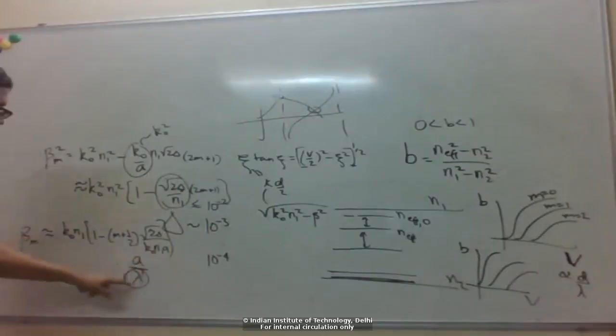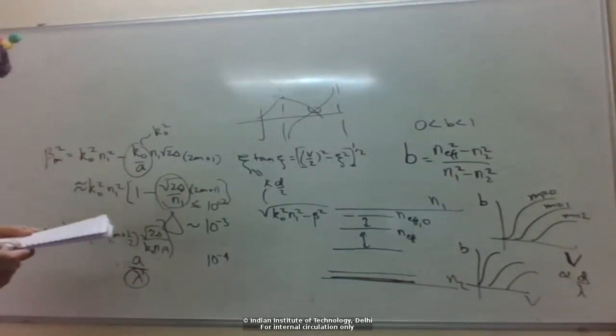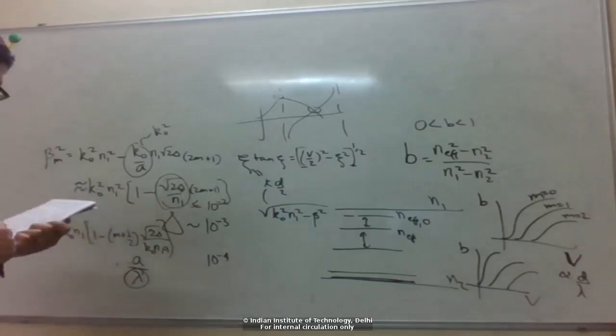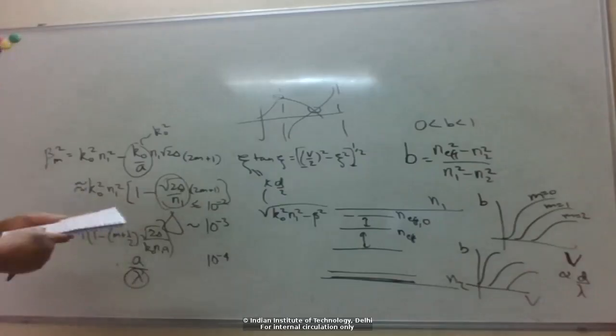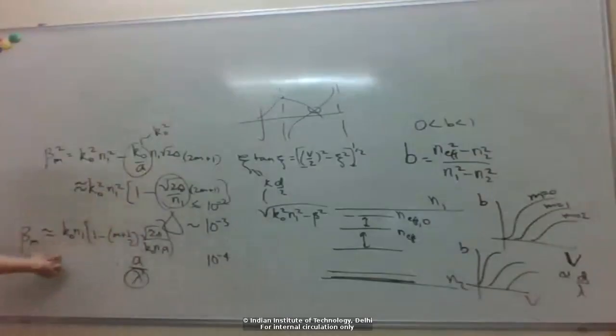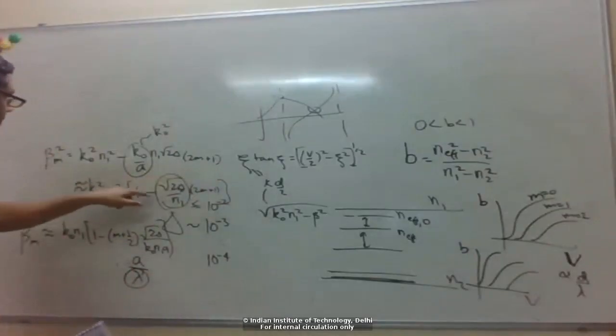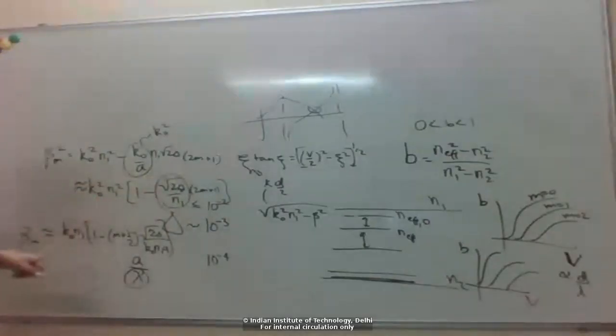Yes, sir, k naught is there. What I'm saying is that previously you had written k naught by a, so beta square has k naught by a. No, after that also you wrote it as k naught by a. Okay, so this is the correct expression. If I wrote it incorrectly, you take the square root of this and take the Taylor expansion, so you get 1 minus half of 2 square root.